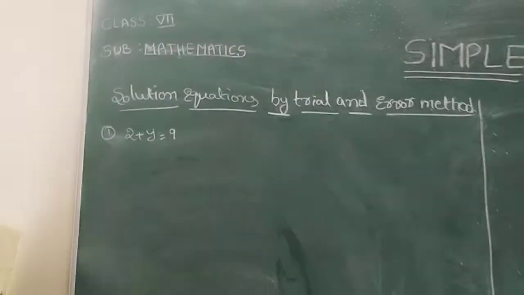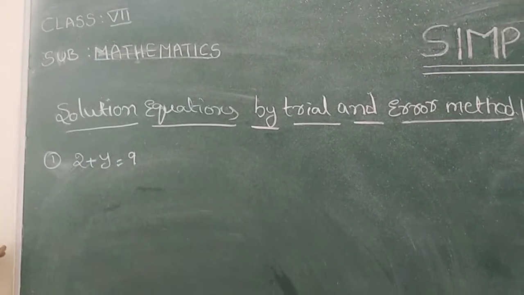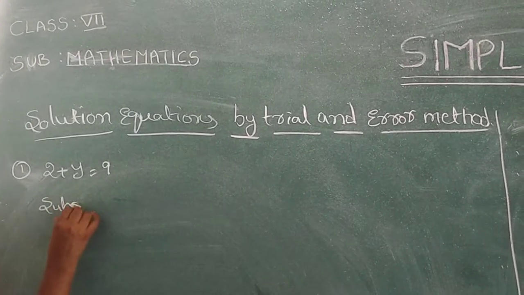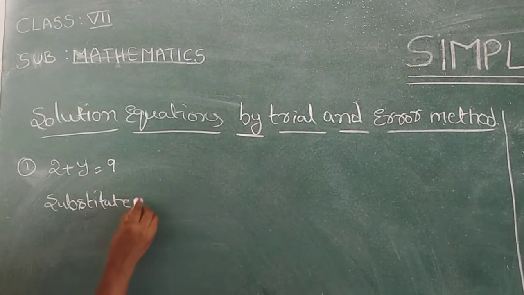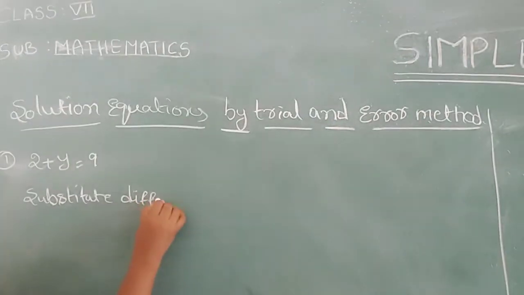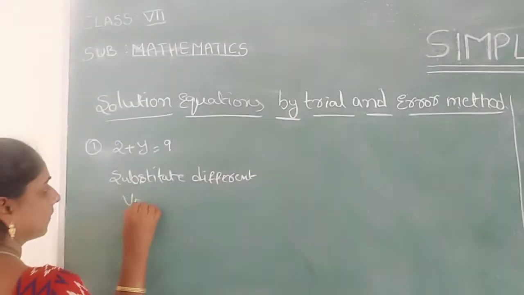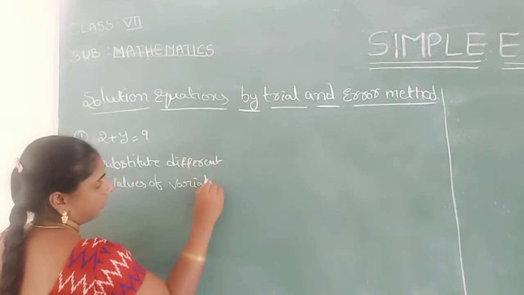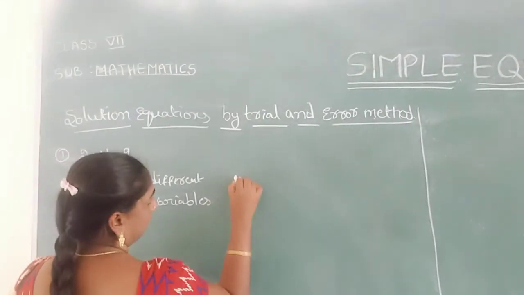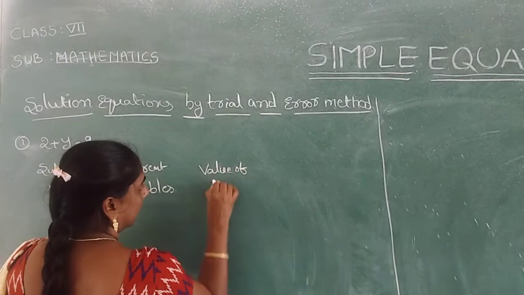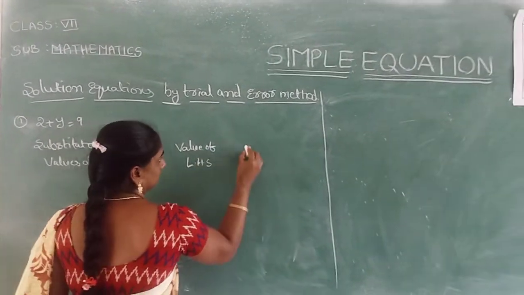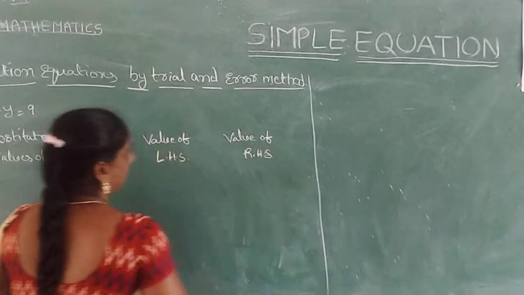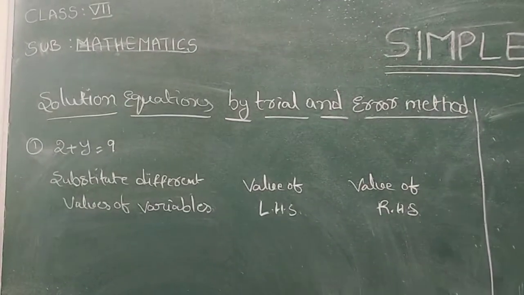First, we substitute different values of the variable and find the value of LHS and the value of RHS.